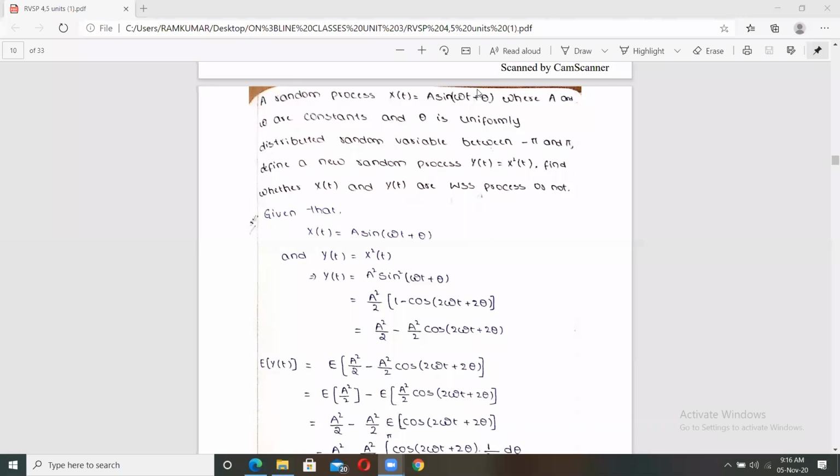Define a new random process y of t is equal to x square of t. Find whether x of t and y of t are Wide-sense stationary process or not.